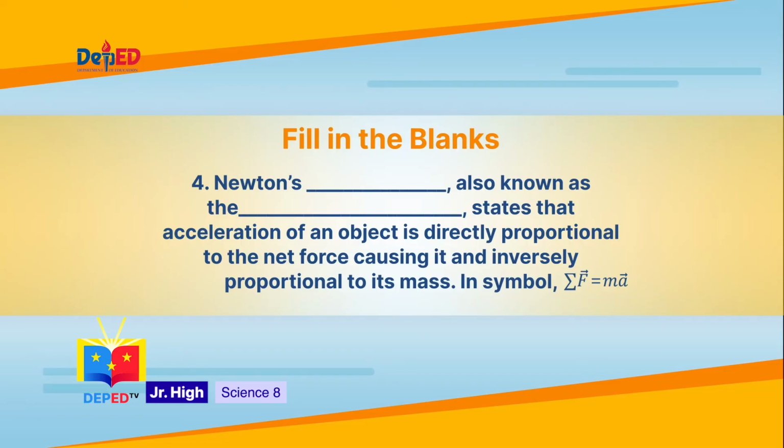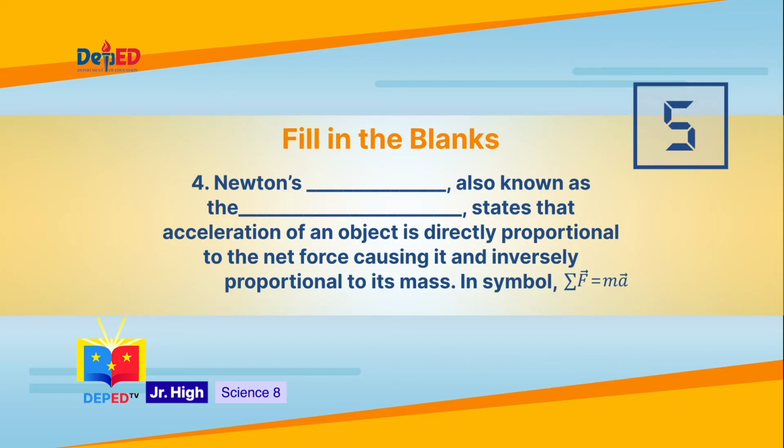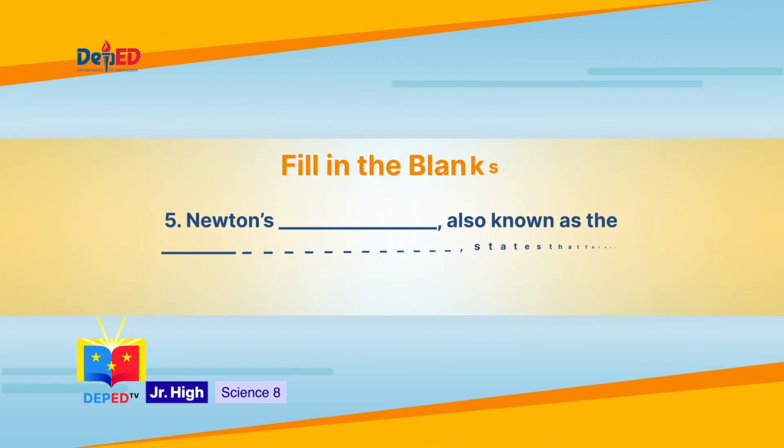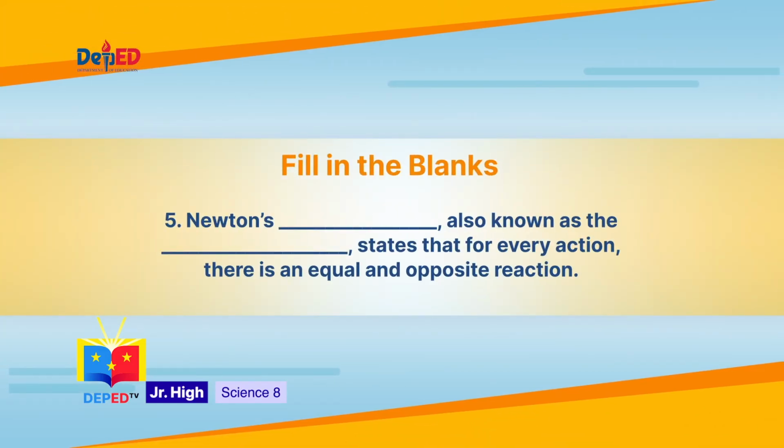In symbol, sigma F is equal to m times a. Newton's blank, also known as the blank, states that for every action, there is an equal and opposite reaction.